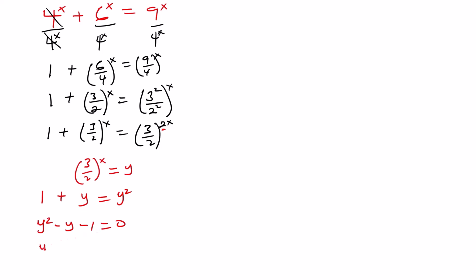So we have y squared minus y equals 1. So let's complete the square. I'll multiply the coefficient of y, that is minus 1, by half, and square the result. I'll add the result to both sides of the equation, so minus 1 over 2 squared.